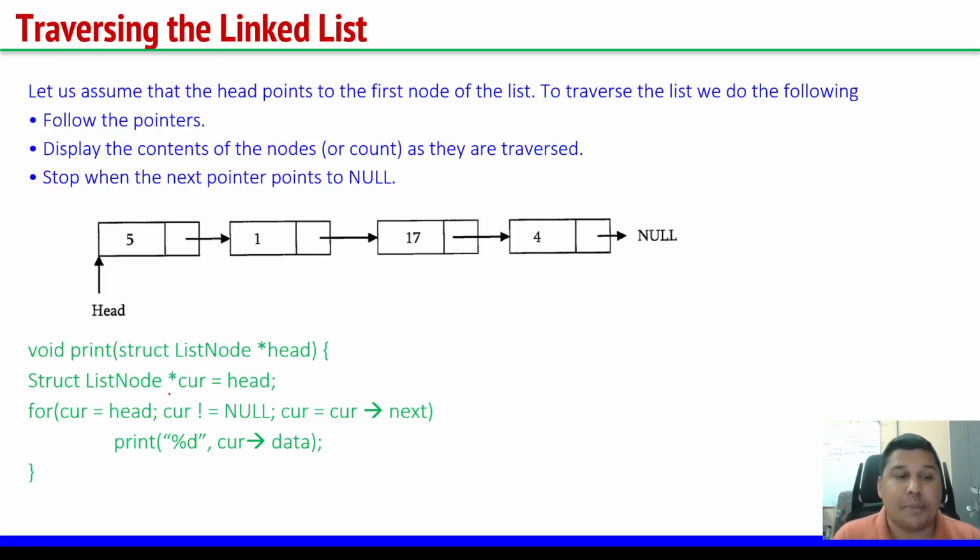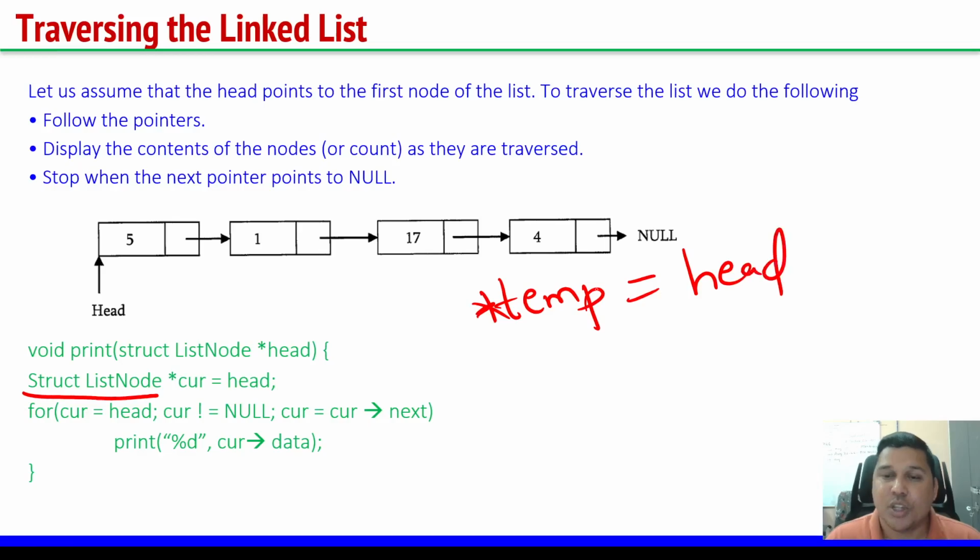Okay. Now I am trying to create another variable, let's assume temp. This should also be of type struct node. I am creating a variable temp and I am assigning head. So this temp is also pointing to this block with this statement.